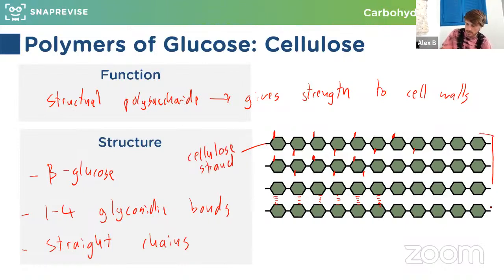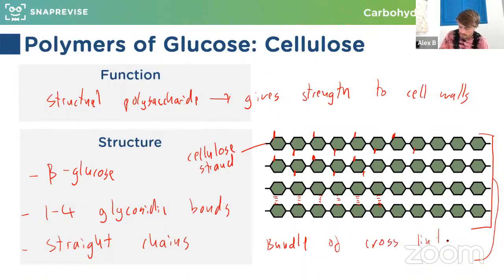And this bundle of cross-linked strands, cross-linked via hydrogen bonds, forms a microfibril.